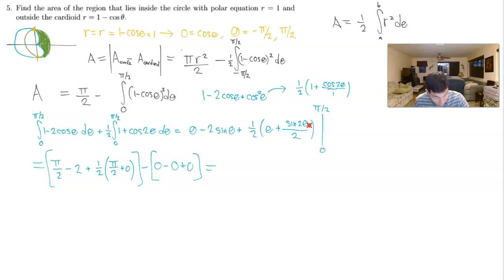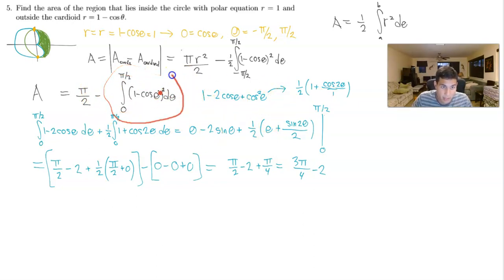This becomes pi over 2 minus 2 plus pi over 4, which is equal to what? Well, that's going to be pi over 4 plus 2 pi over 4, which is 3 pi over 4, minus 2.